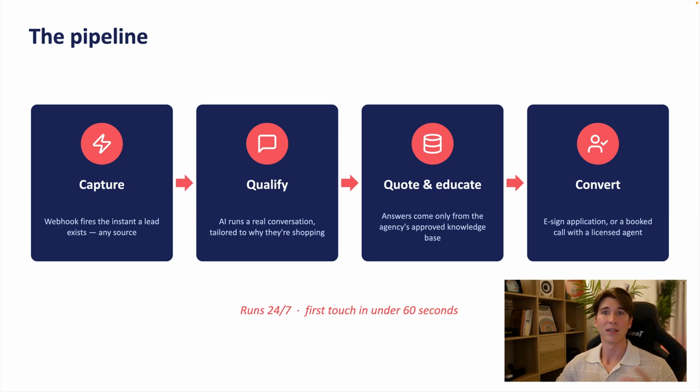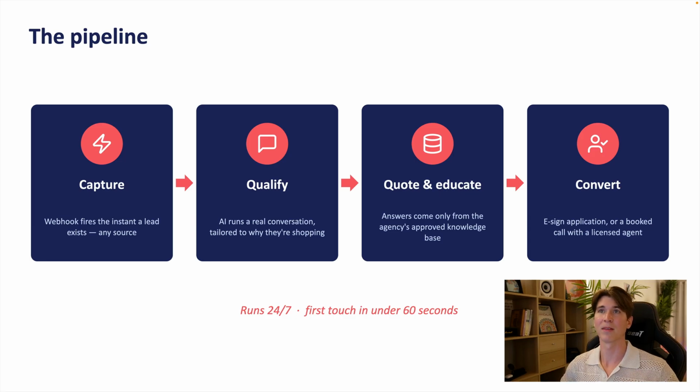And then, using the knowledge base from your insurance company, it can put together a quote based on your pricing and your various product offerings, and then go very far to convert the lead by sending them an e-sign or booking them on a call with one of your human agents. And of course, with life insurance, there's a lot of compliance and laws to follow, so we'll get into that as well. But the idea is that through this process, the lead is contacted within 60 seconds, 24 hours a day.